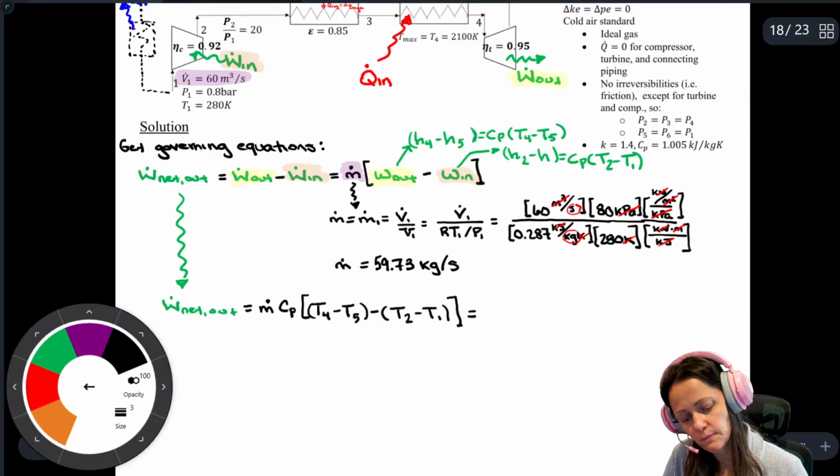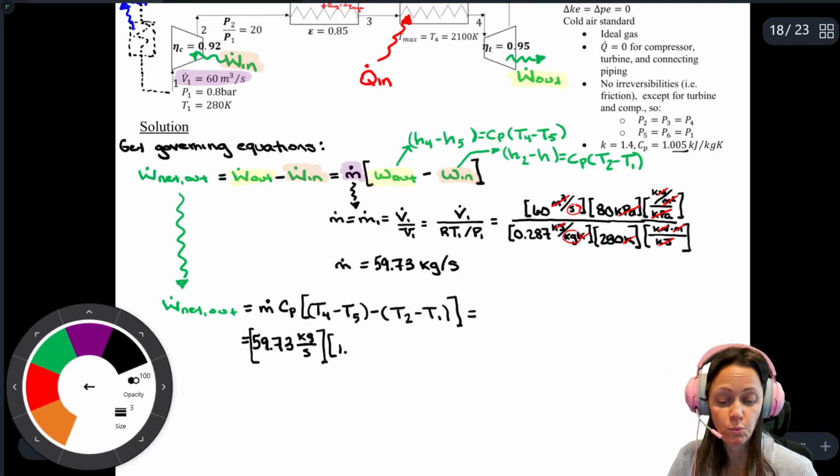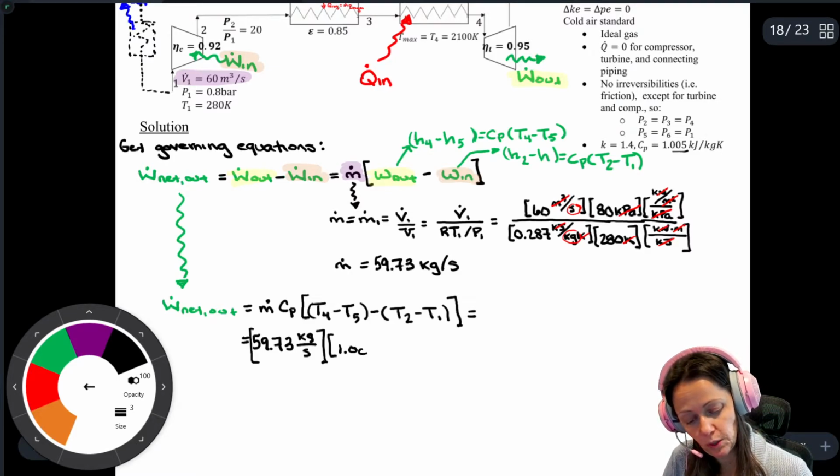Perfect. And so this is going to be, well, just start plugging stuff in. So this is 59.73 kilograms per second. My CP with a k value of 1.4, that CP is 1.005, and that's kilojoules per kilogram K.